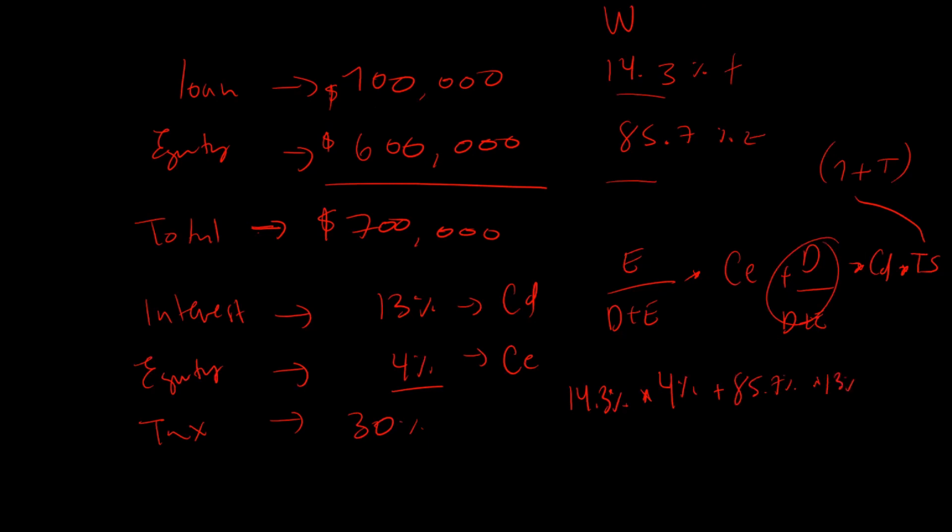And this times the tax shield. And the tax shield is 1 minus 30%. This is 0.7, or 70%. So how much do you get in this?